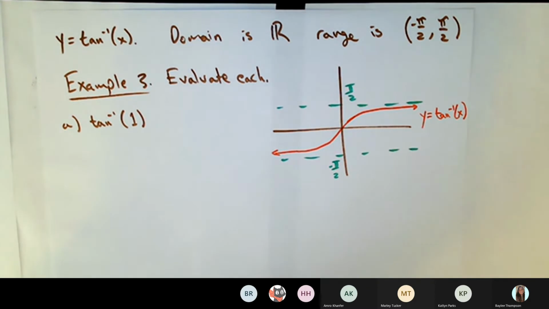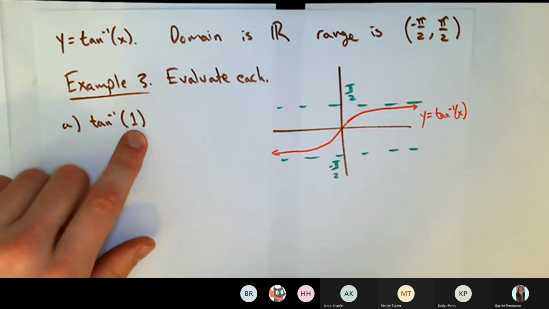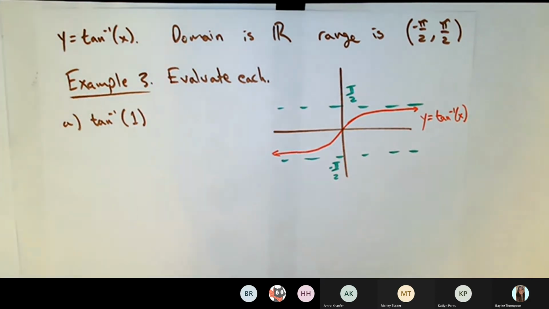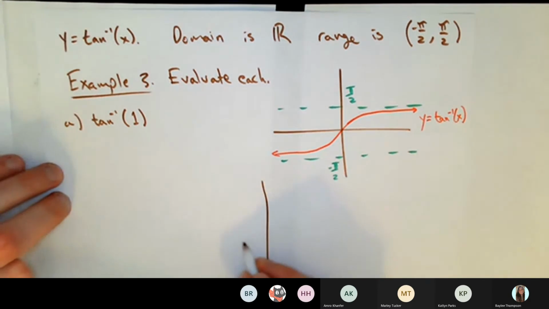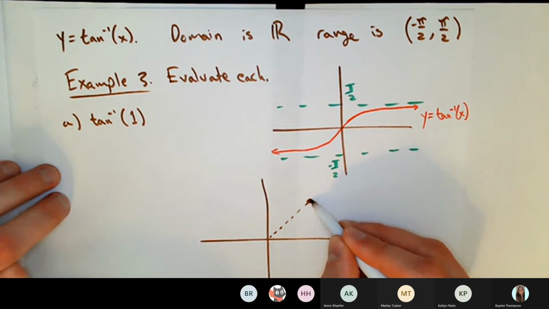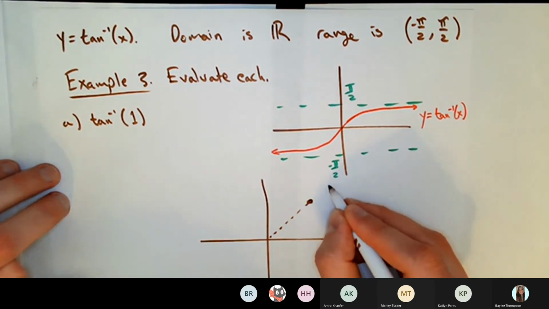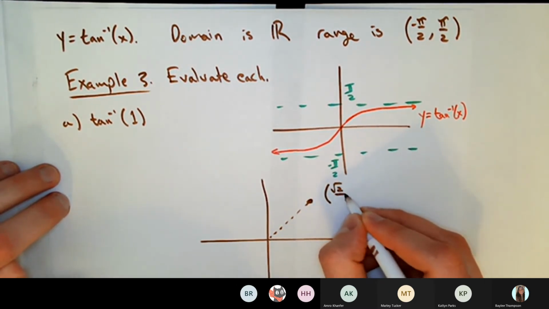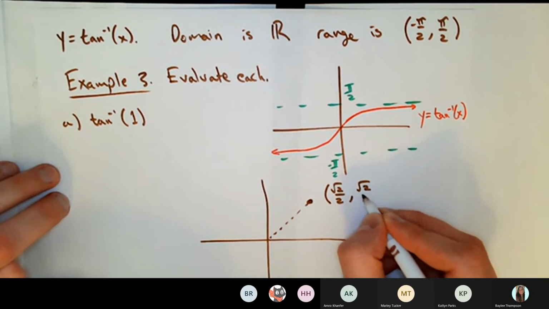Looking at the unit circle, there's some angle so that when you stack the y coordinate on top of the x coordinate, you're getting an output of 1. So you're looking for some angle on the unit circle that terminates in some coordinate point so that when you stack them on top of each other, they're just giving a 1.